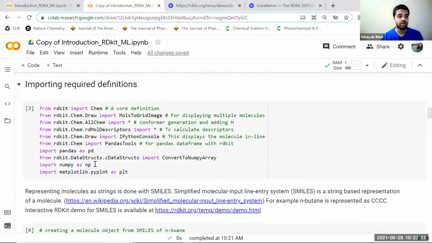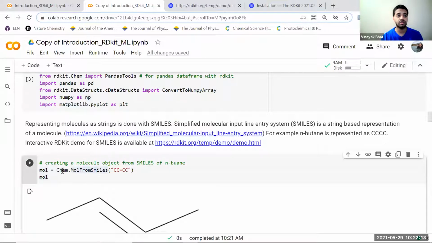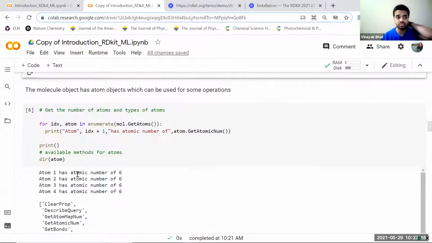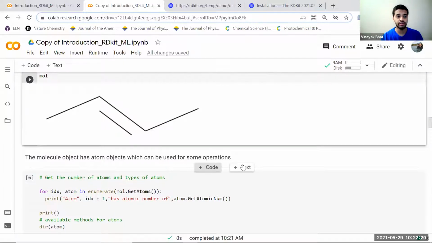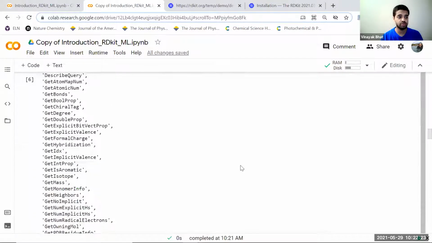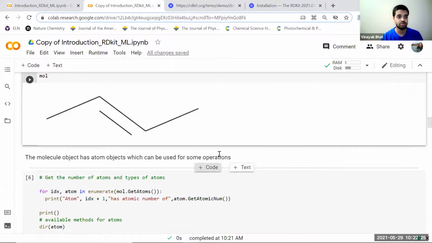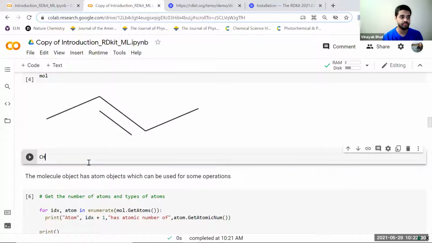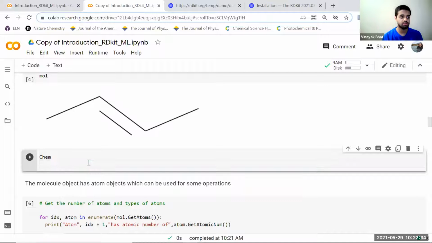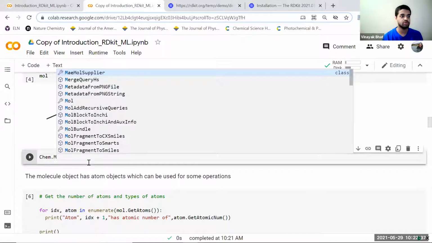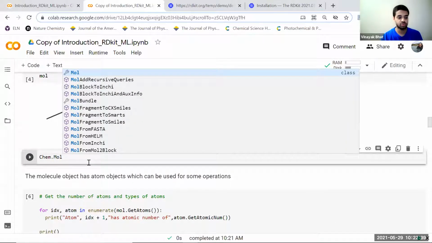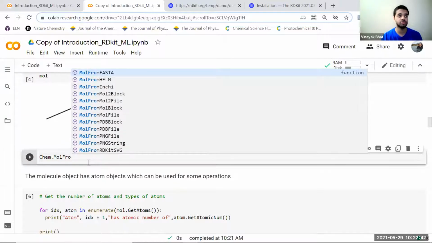And regarding creating molecules, it's not only from SMILES. There are multiple ways in which you can create molecules. Let me add the code. If you say Chem dot MolFrom, these are the things that you can do, not only SMILES.